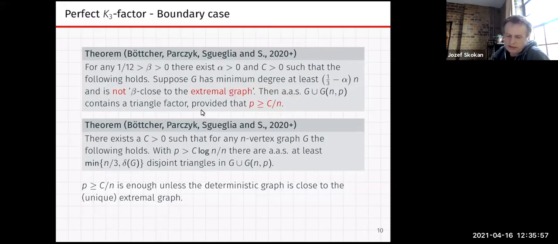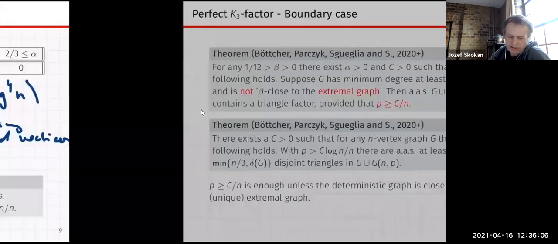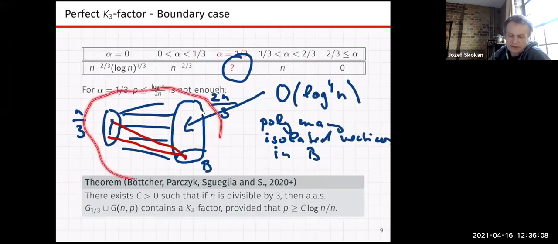In other words, you just need your p to be constant over n. The log n over n is really just to work with this nasty piece of graph.